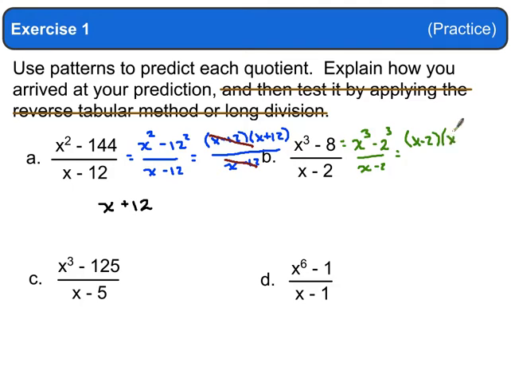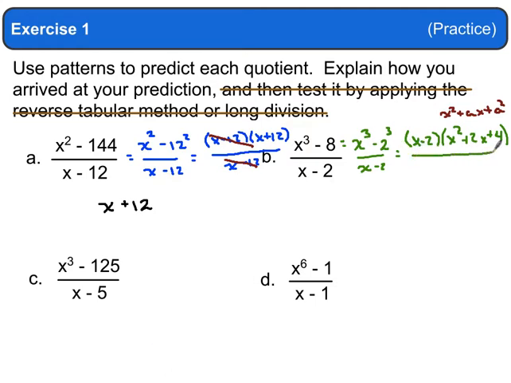Then I'm going to have an x squared plus a 2x and then plus a 4. Remember that pattern, right? We'll re-illustrate it. It should say x squared plus ax plus a squared. That develops that particular piece.